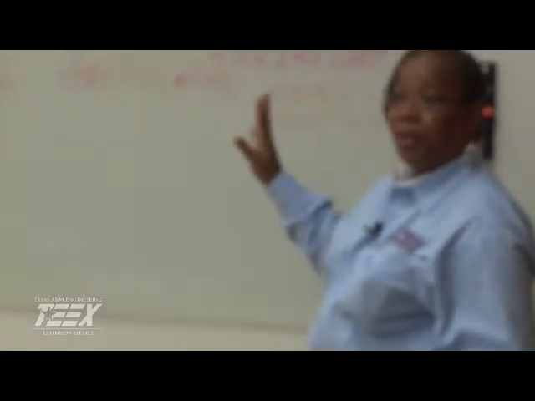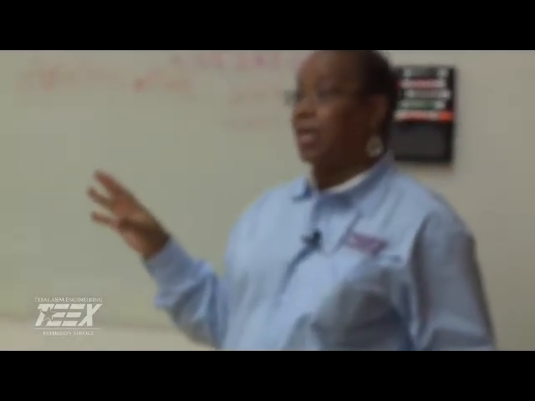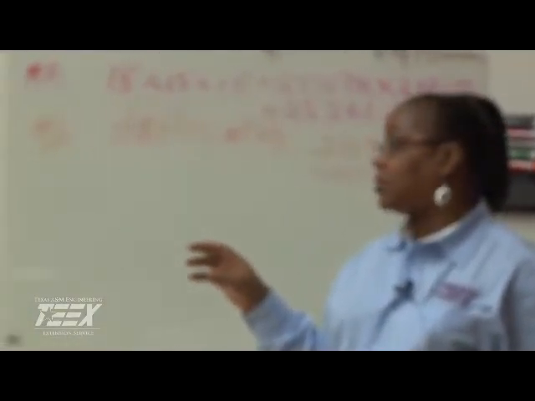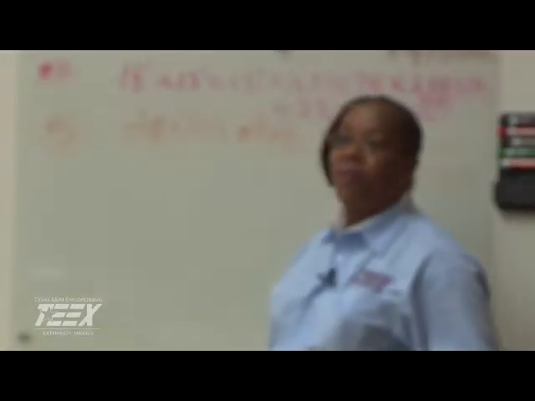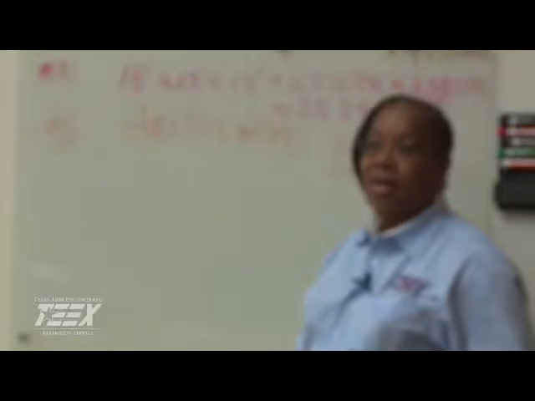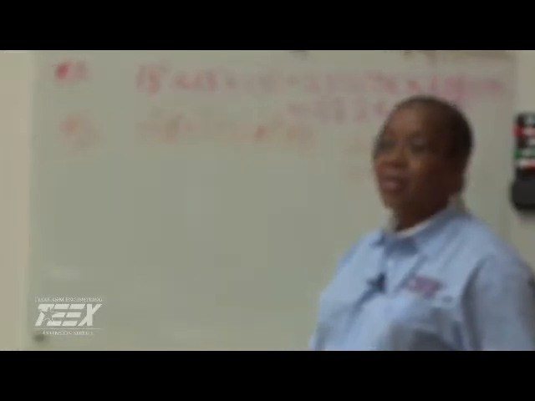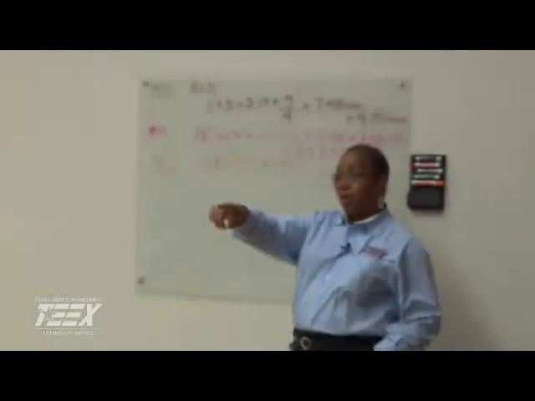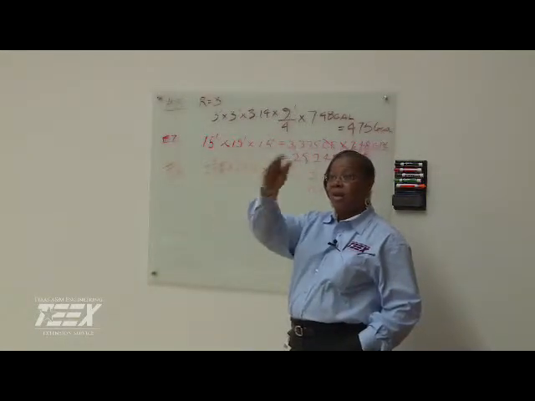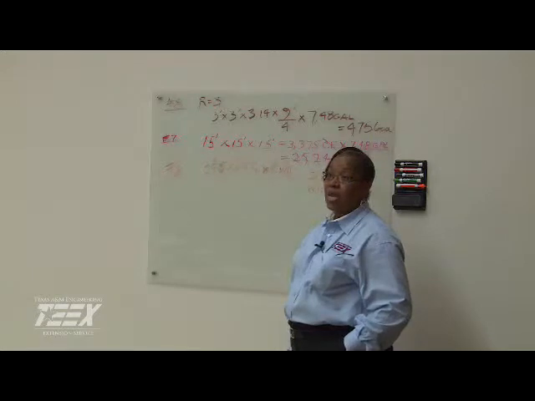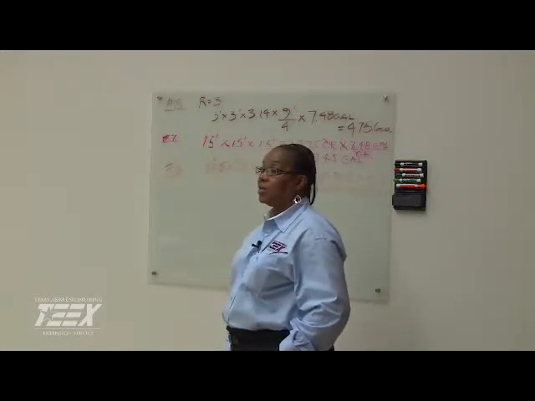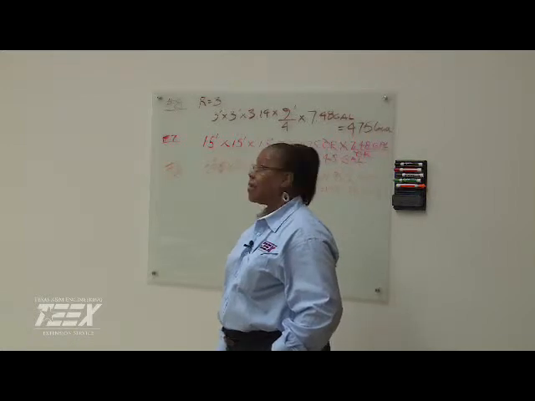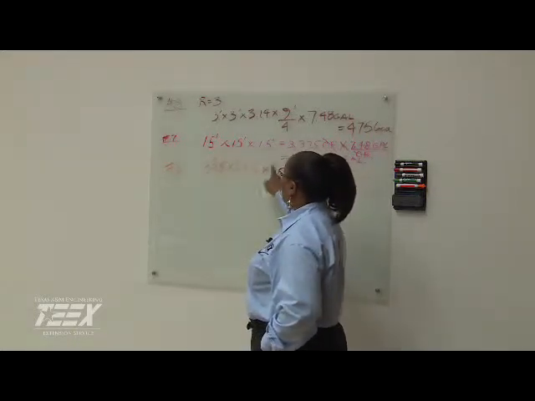Again, write the formula down, go back, plug it in. It's all about practicing. Where did they get the 27.5 from? Divided by 2. Super. They took the diameter and divided it by 2 to get the radius, because the formula calls for the radius. Okay? Excellent.